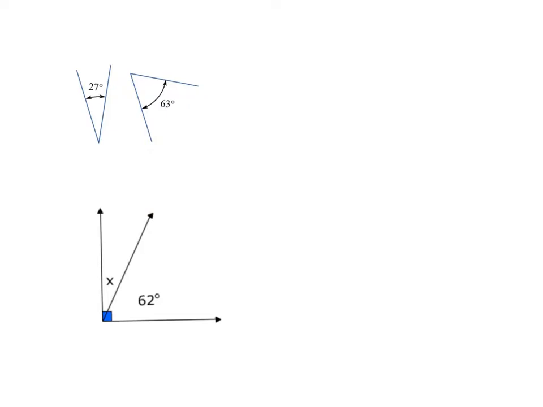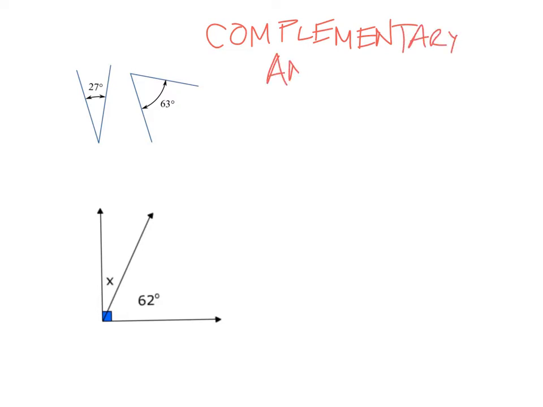So what we have here is we're looking at the relationship between two angles. And the first relationship that I'm going to go over with you are complementary angles. Nice long words. Okay.